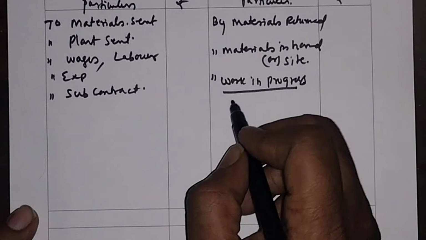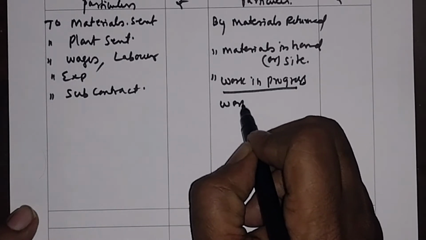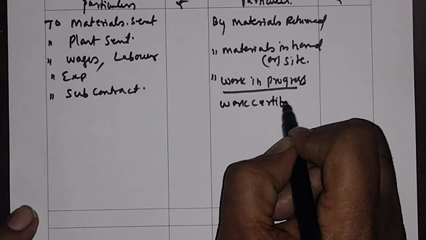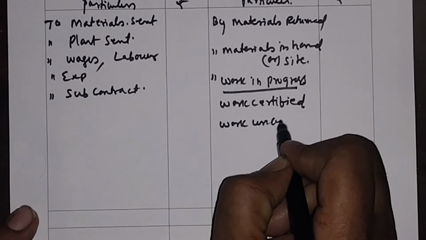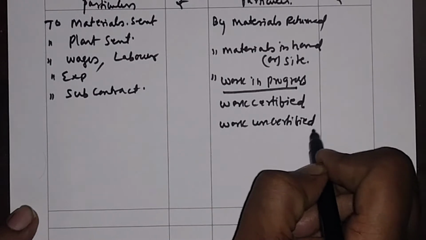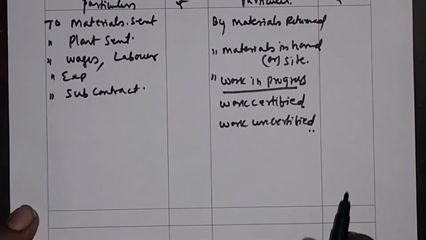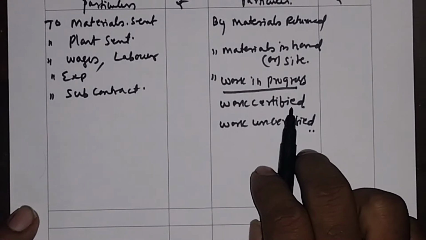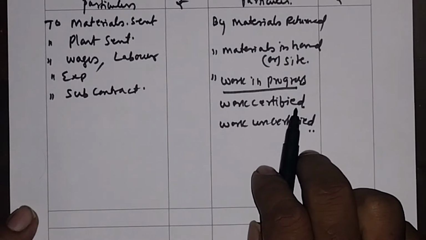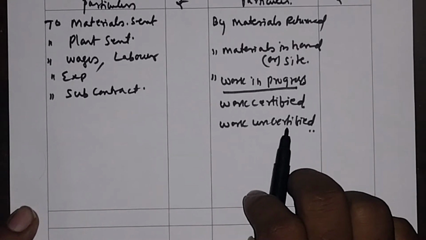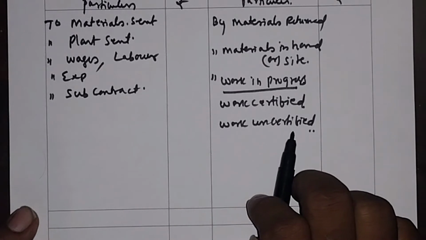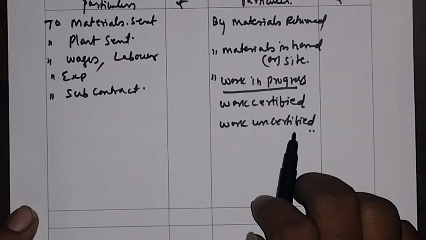This work in progress is subdivided into work certified and work uncertified. What is work certified and work uncertified? Work certified means the architect has signed and given the certificate for that work. For work that has been completed but the architect's certificate and signature are not yet received, that is called work uncertified.